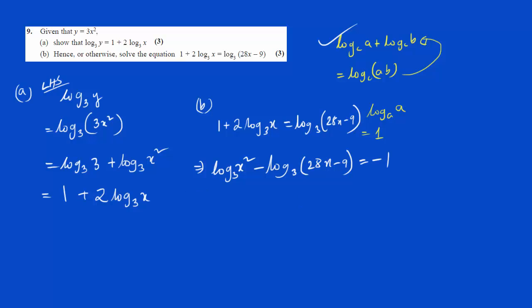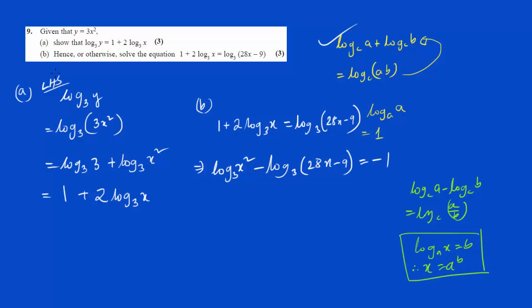Now in order to solve this, we need two more rules. The first rule is that if you have log a minus log b, you can write it as division, log a by b. And finally, if you have a single log equation, log base a x equals to b, the solution to that equation is x equals to a to the power b.